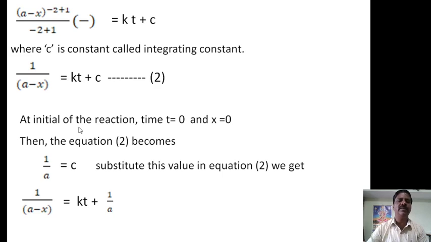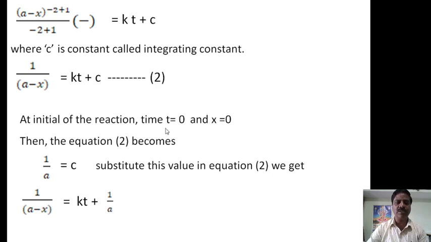At the initial stage of the reaction, when time is 0, that is, before reacting, the time is nothing but 0, and therefore the degree of dissociation or degree of ionization of the reactant, or change in concentration of the reactant, will be 0. Therefore, x will be 0 at time 0.